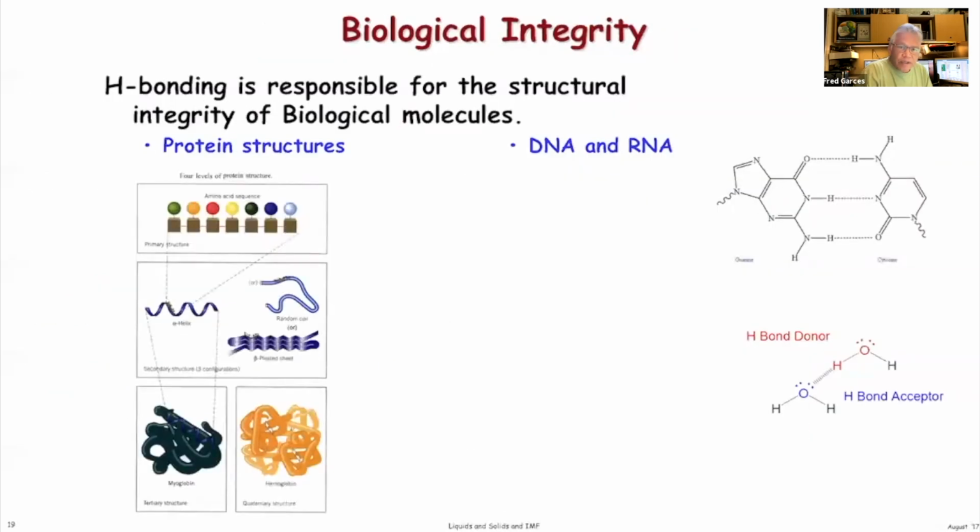Hydrogen bonding is really important for those of you who want to be doctors in the future, because our biological integrity, the proteins that make us up, the DNA that is our genetic code, is based on hydrogen bonding. The way DNA's base pairs come together and unwind in order to replicate itself is based on hydrogen bonding.